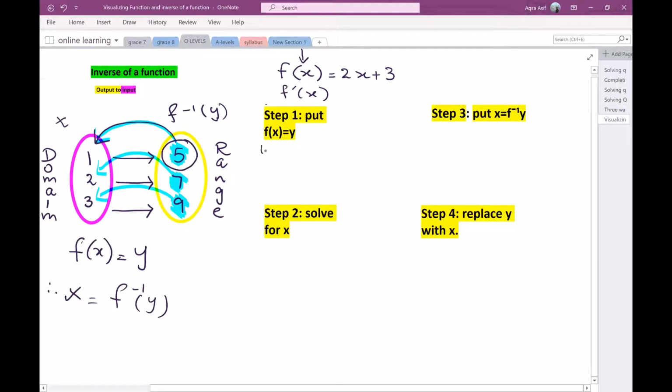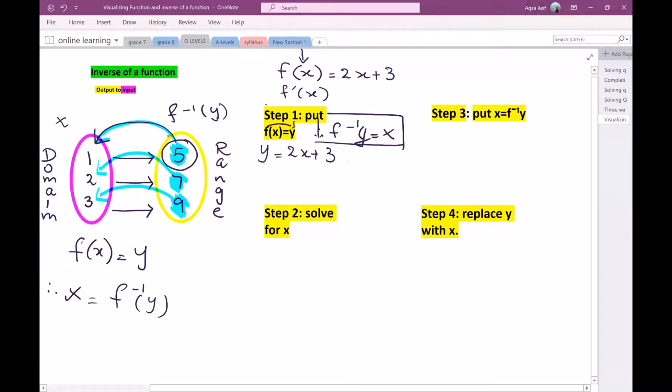So can I write it as y is equal to 2x plus 3? And we know one important thing, that if I shift this y to this side, it becomes f inverse of y is equal to x. Keep this in mind. This is a very important information.